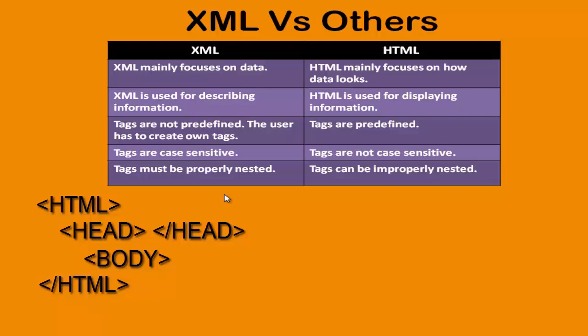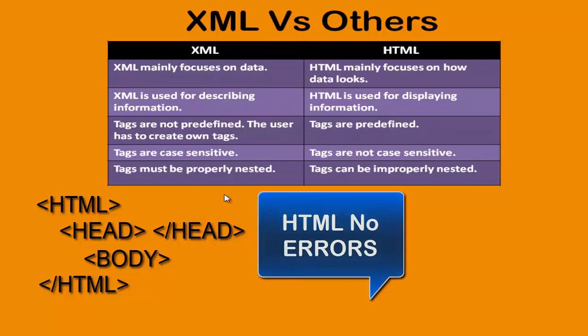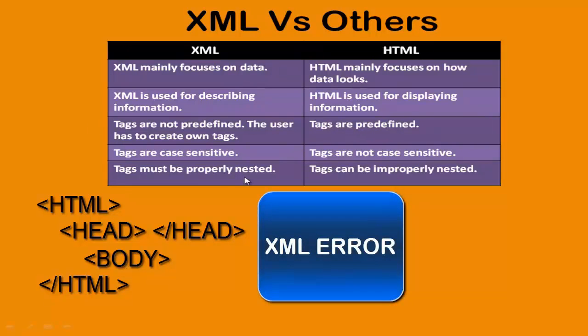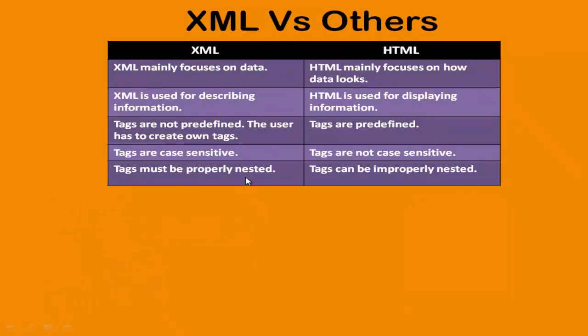So most probably in most browsers, HTML won't detect any errors. Even if we leave one closing tag of HTML, it doesn't display any error. But in XML, it displays an error. So remember, in XML, tags must be properly nested. But in HTML, it is not required.